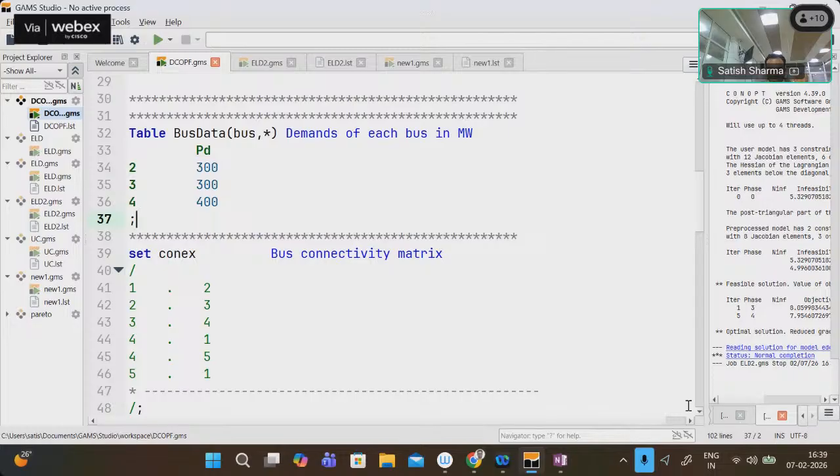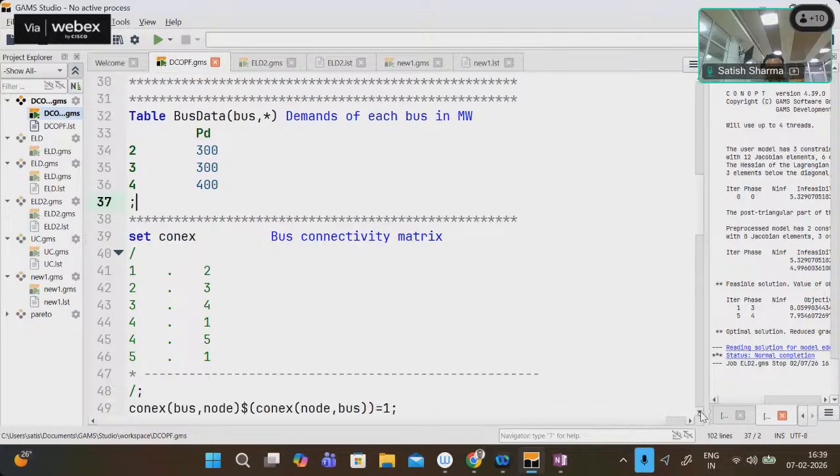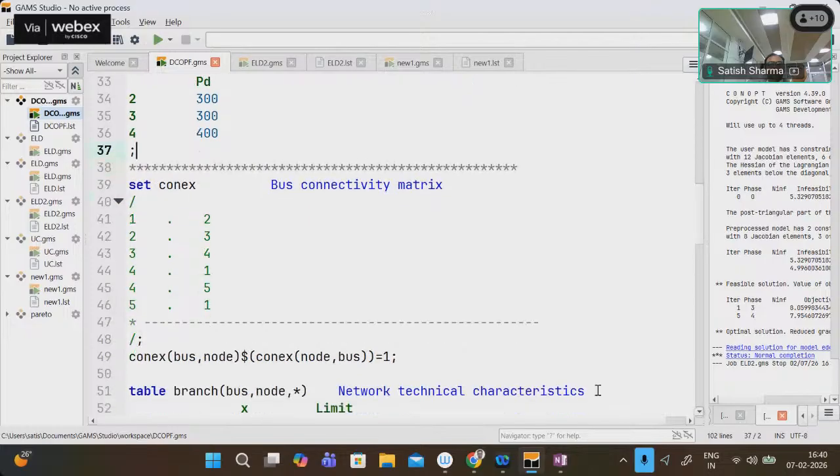Then some connectivity is defined, that there are connections. The connections are between 1 and 2, 2 and 3, 3 and 4, 4 and 1, 4 and 5, and 5 and 1. So this is basically line connectivity, and whenever these connections are there, the values will be equal to 1.